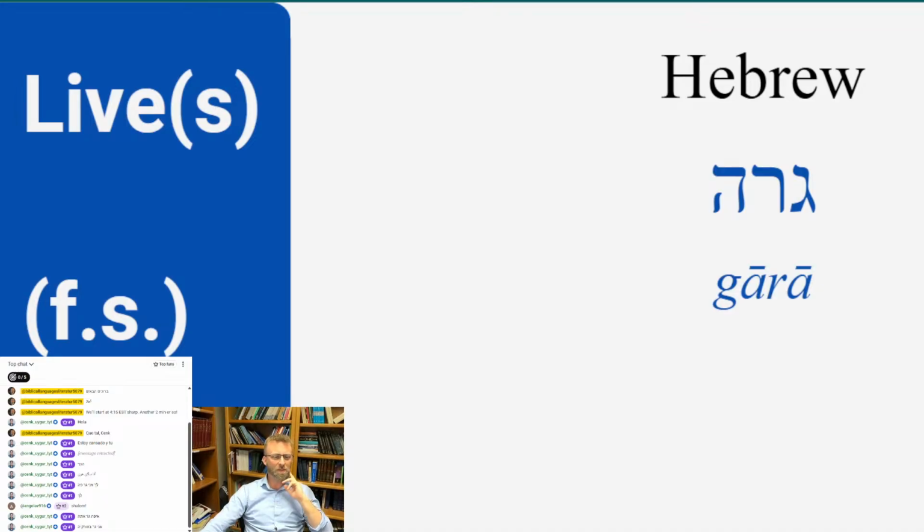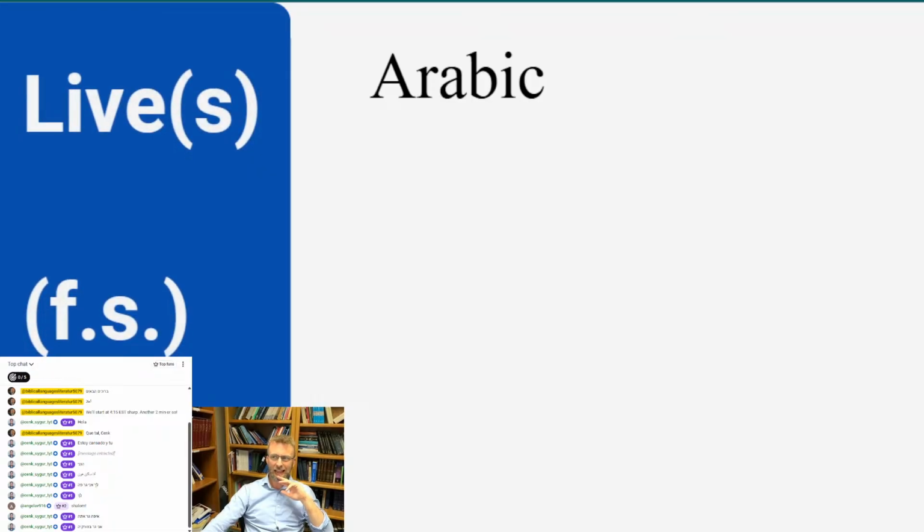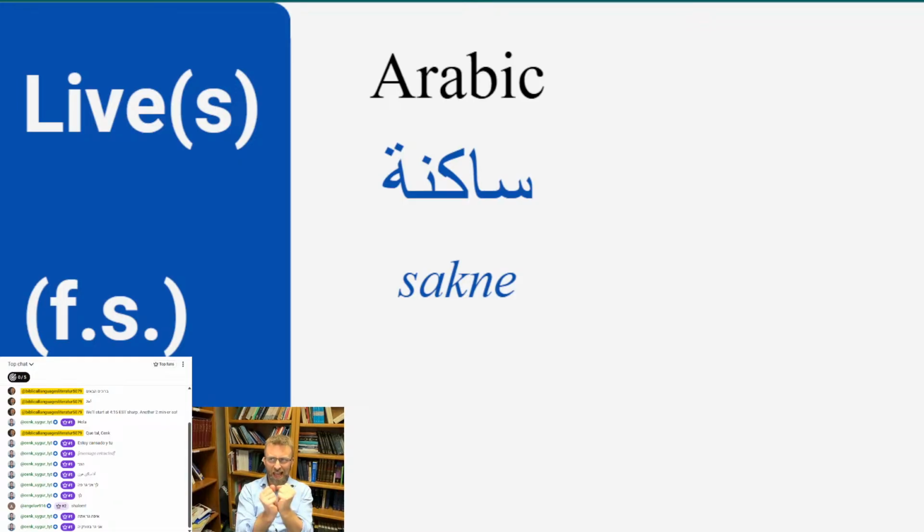Very much akin to Spanish nouns and adjectives. If it has an O in the masculine, you add an A in the feminine, okay? And then in Arabic, same thing happens where we get sakne. So when some of the others joined before, I was explaining that in Arabic, the word collapses.